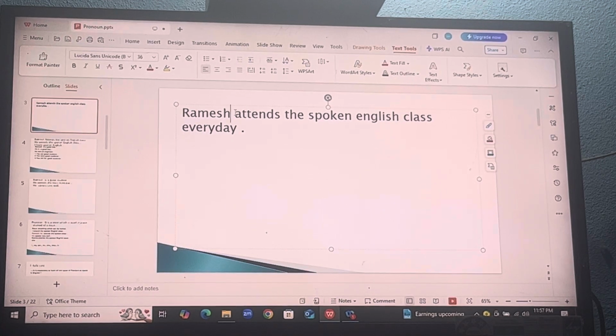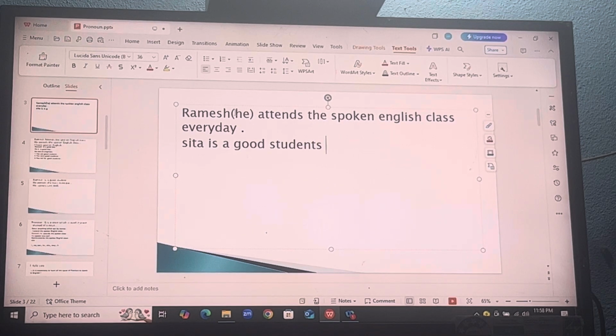For example, instead of saying Ramesh, I can use the word he, which represents that Ramesh is masculine. For example, Sita is a good student. Instead of saying Sita, I can say she.